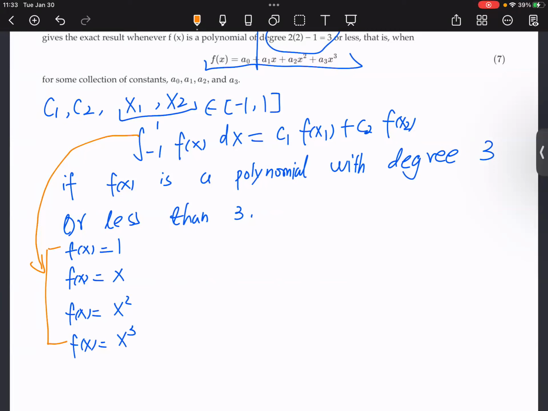If we apply the quadrature rule, we expect that it is exact, so we have the equal signs over there.